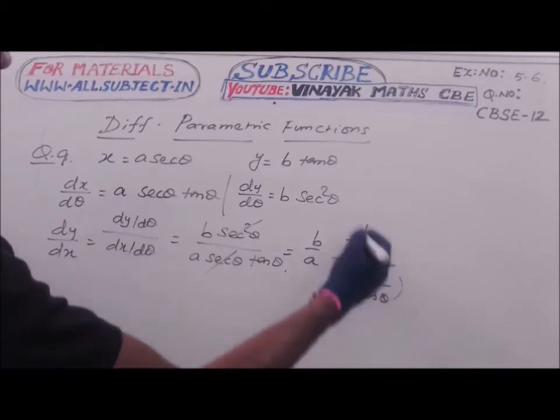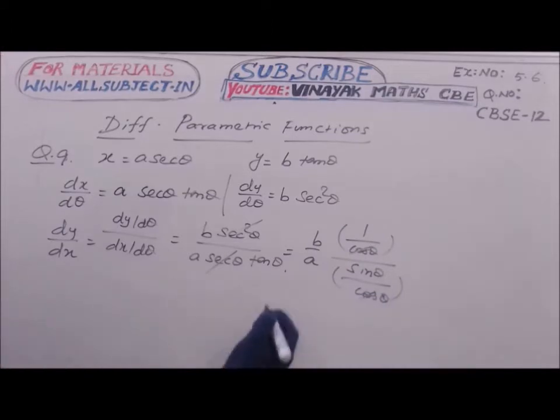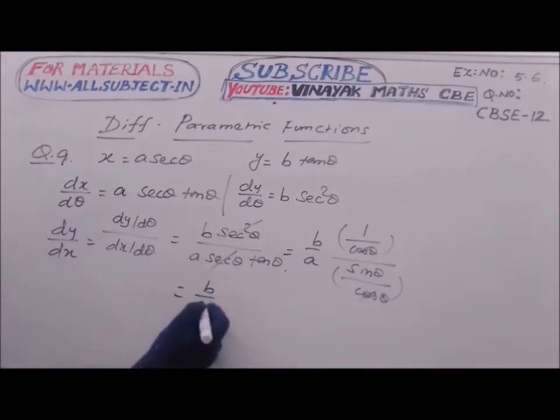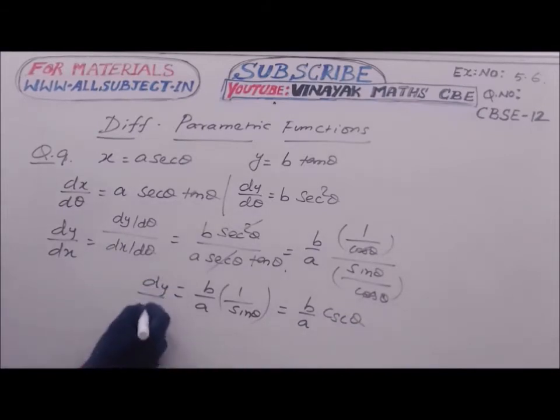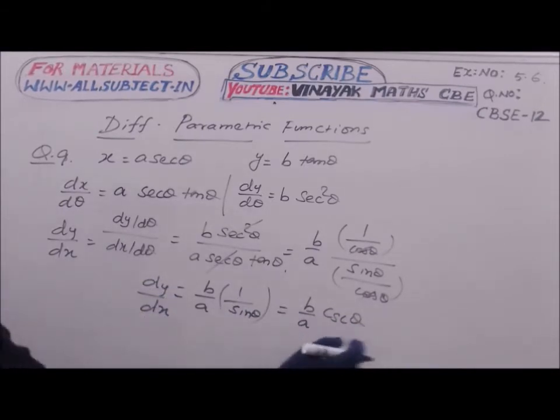Now we can cancel cos theta here. The remaining is b by a into 1 by sin theta. 1 by sin theta is cosecant. So dy by dx is b by a cosecant theta.